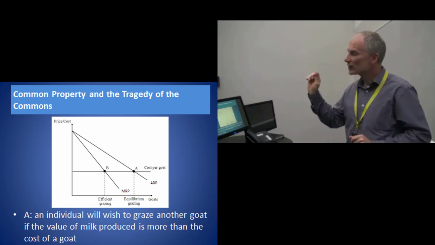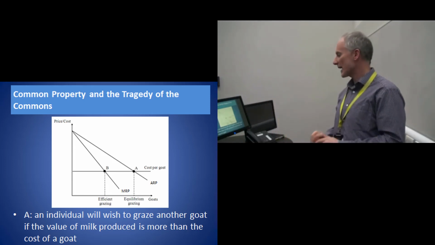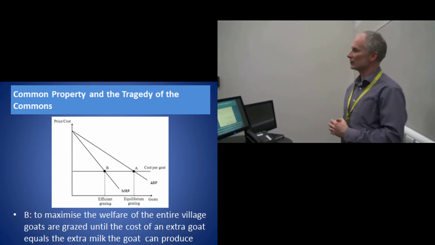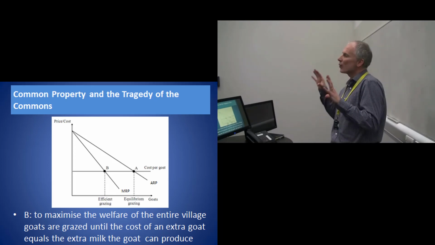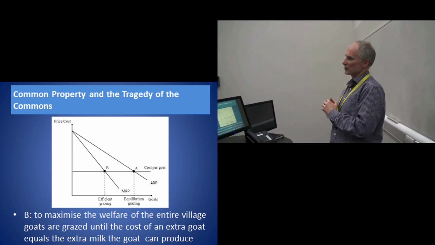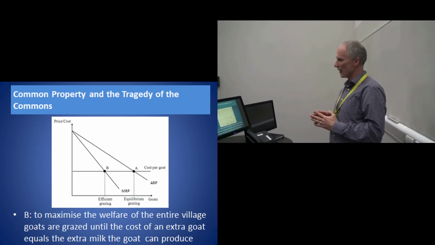Now though, I want you to think about what would happen if an individual could control access to the field, and this individual was interested in maximising the welfare of the entire village. So they could restrict the number of goats that grazed on that land.